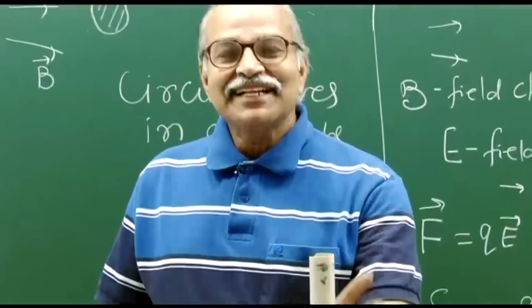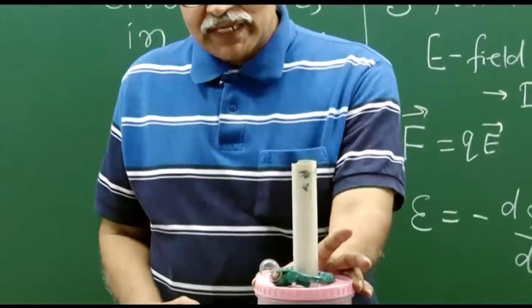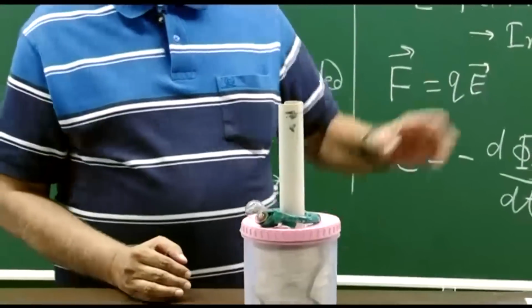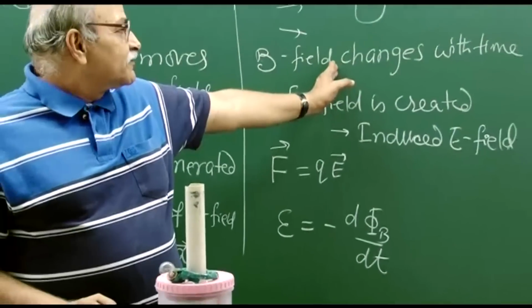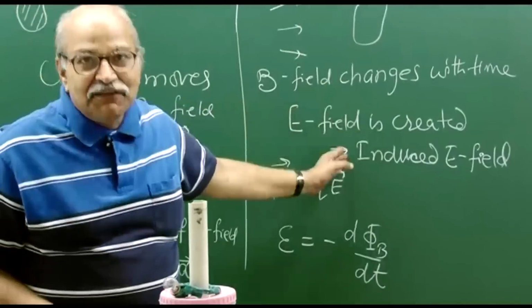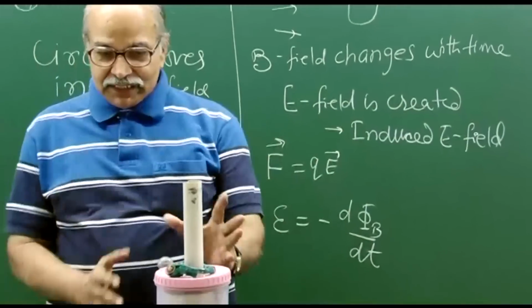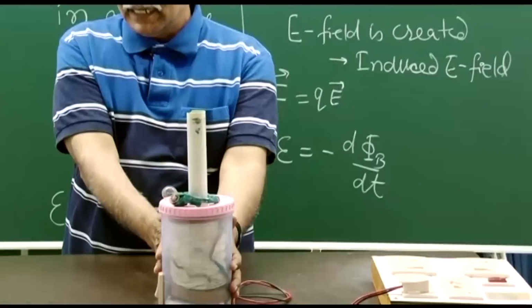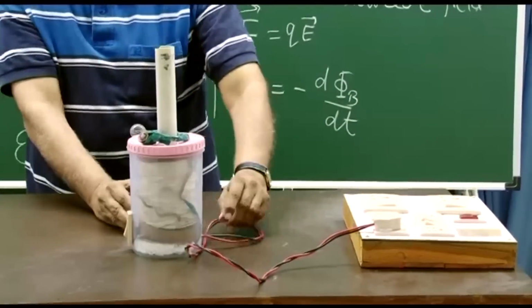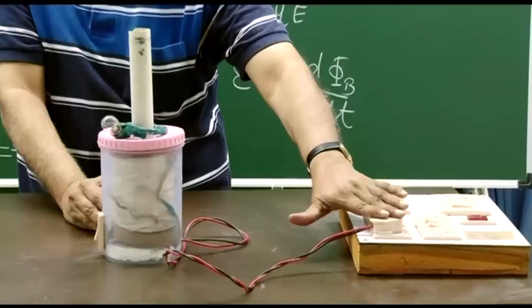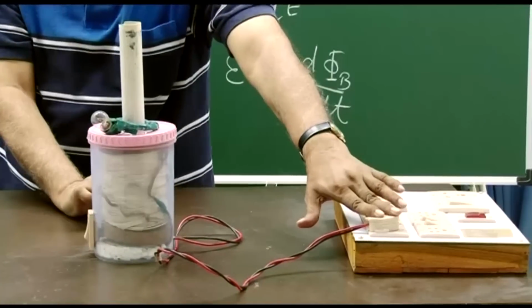Now here is another experiment which works on this principle, that changing B field creates E field. So in this apparatus we have a coil which is housed in this box, and that coil is connected to 220 volt AC.